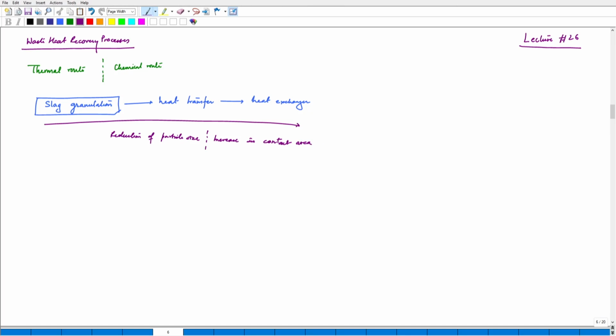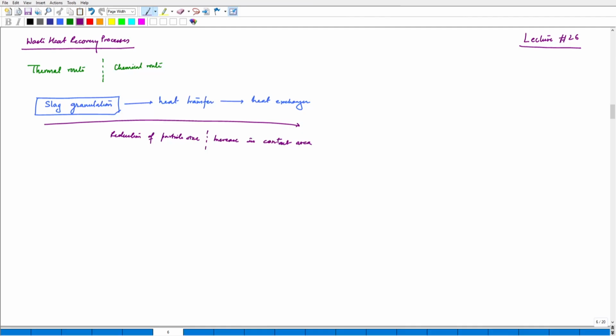So slag granulation is going to increase the effective contact area, again good for actual heat transfer, instead of looking at it as a pile of blast furnace slag.